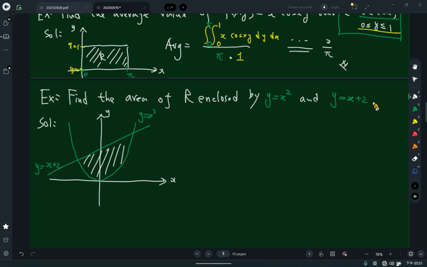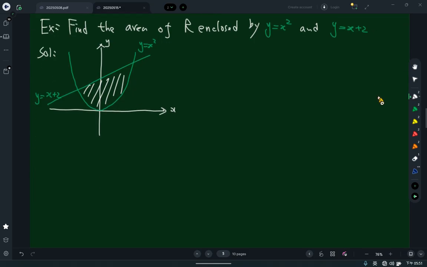You can also use the method we learned last semester. You can just get the end points.